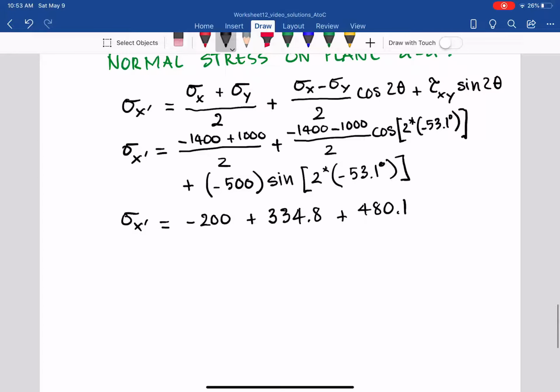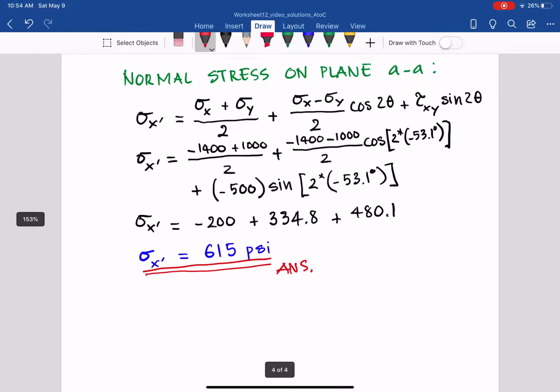So finally we have sigma x apostrophe equal to 615 psi, and that is the first answer we have. So that is the normal stress on plane AA.